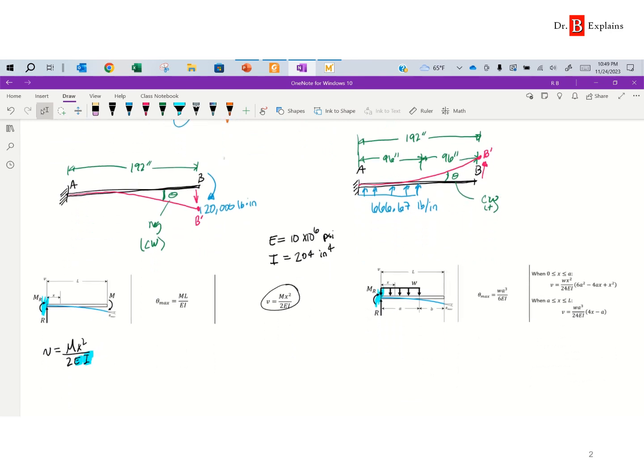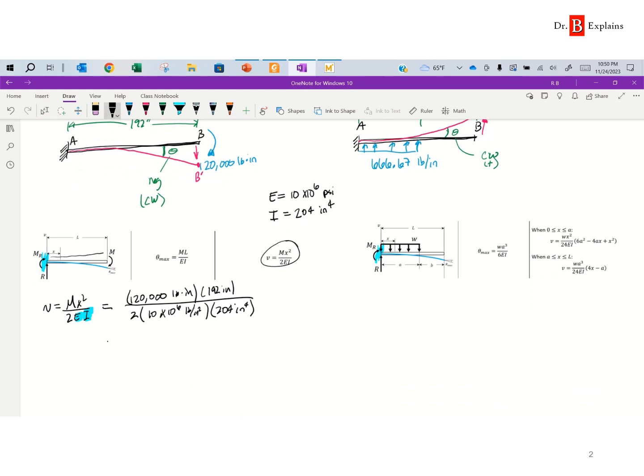All right, so let's do the plug and chug. The moment is 120,000 pound-inches. X is the distance where we want to figure out the deflection, which in this case is the whole length of the beam. So x is 192 inches, divided by 2, divided by E, which is 10 times 10 to the 6 pounds per square inch, times I, which is 204 inches to the 4th.